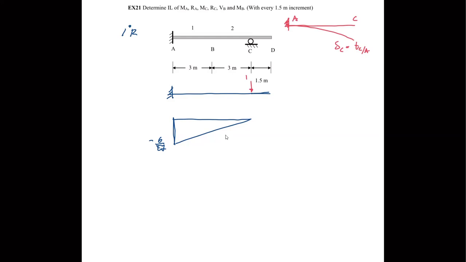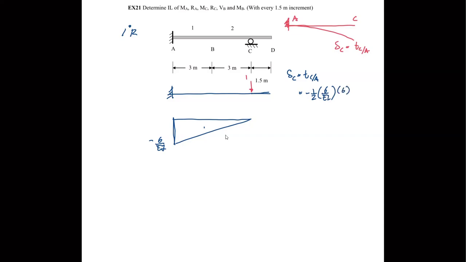Delta C is TCA, and it's the entire triangle, which is going to be equal to minus a half of the height, which is 6 over EI diagram. The base is 6 meters.